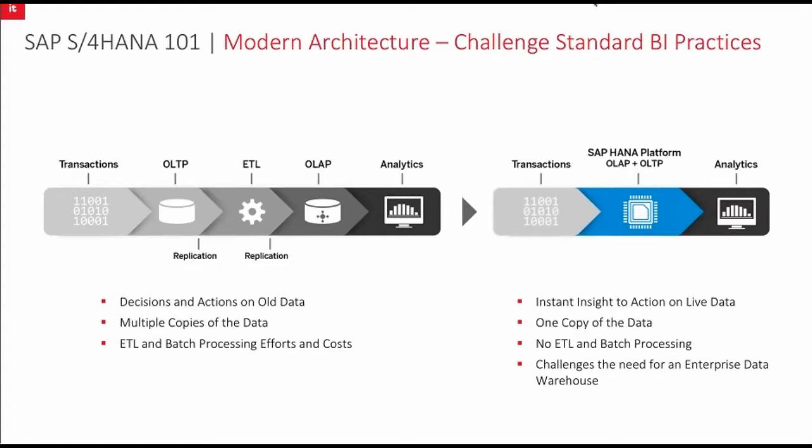Now, sure, if you want to do a complex enterprise-wide data warehouse and pull data together from multiple sources, then yes, you probably still want to look at an ETL process of some type. But if your main requirement is the support of operational decision making, then you no longer need to deliver this complex architecture, regardless of the volume of data that you have.